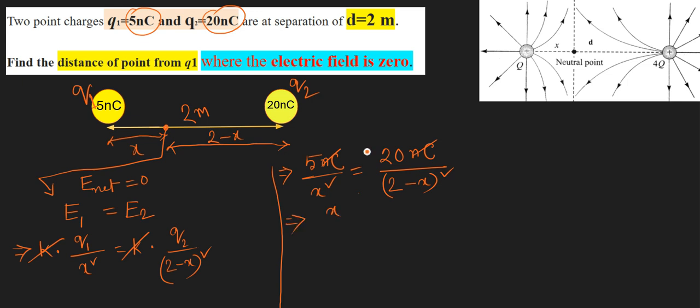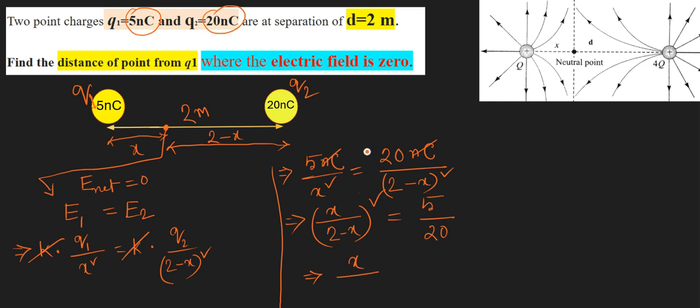So we could write down x over 2 minus x whole square, and on the right side of the equal sign 5 over 20.